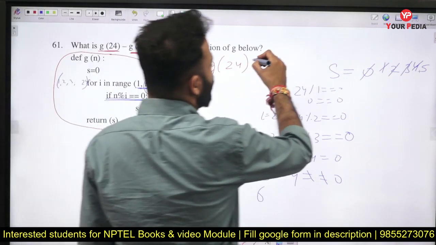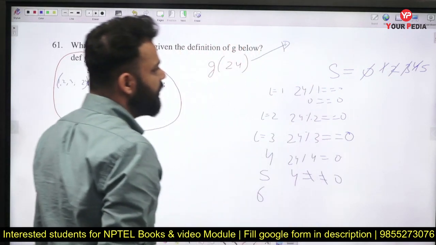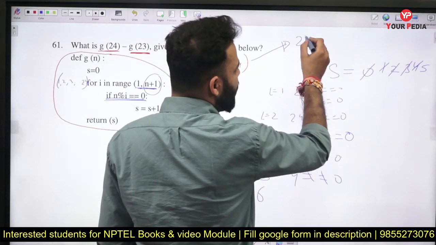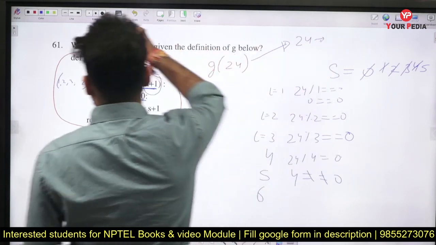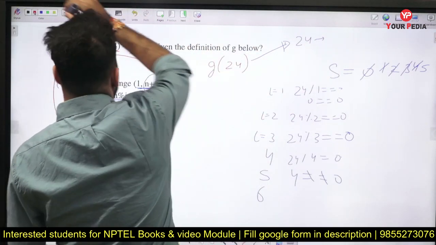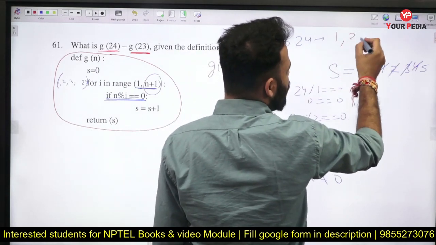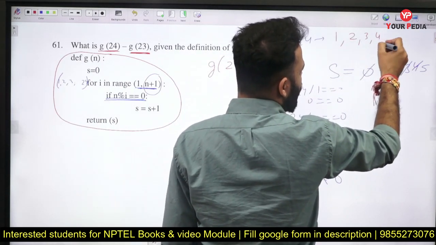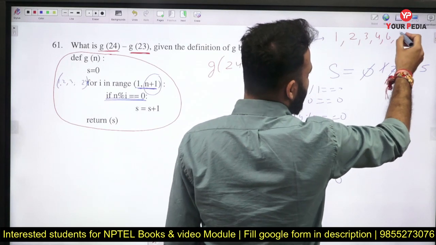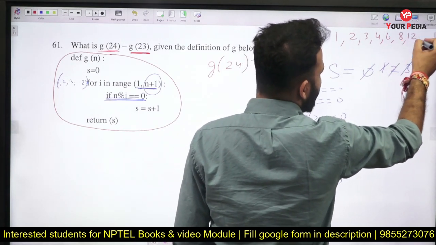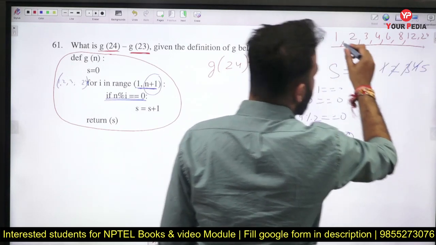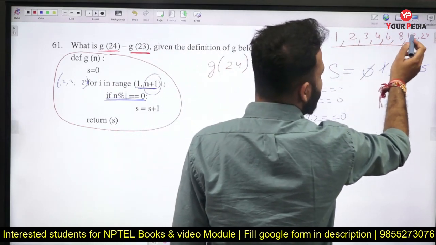So if you want to solve it a little quicker, first find out the factors of 24. The factors of 24 are 1, 2, 3, 4, 6, 8, 12 and 24 itself. So the number of factors are 1, 2, 3, 4, 5, 6, 7, 8.